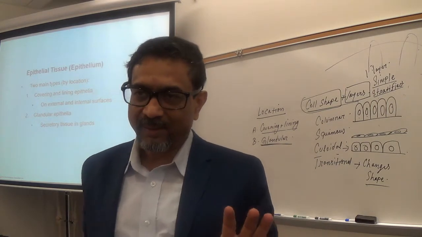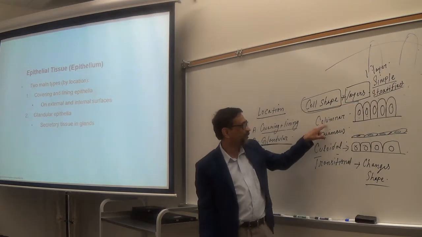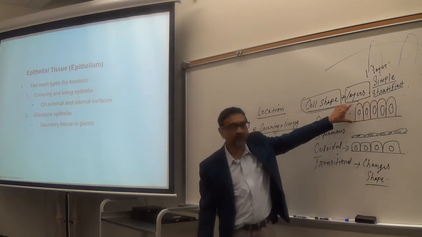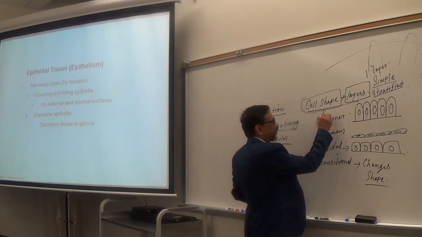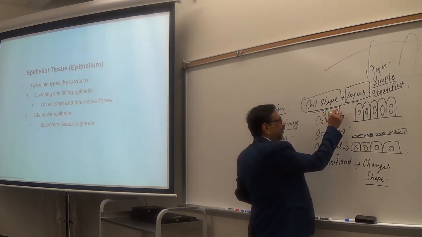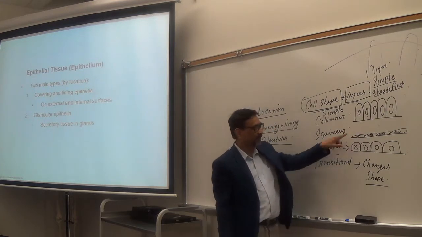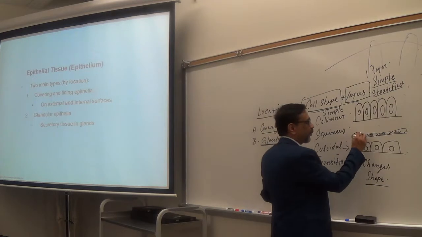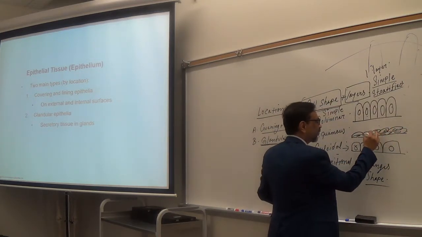Is it clear? Okay. Now you tell me, this is what type of cells? Columnar. Columnar, right? How many layers? One. So it is simple columnar. Make sense? This is simple columnar. This is what? Simple squamous. Simple cuboidal, right? Now if I add more layers, is it simple anymore? No. Now it is what?